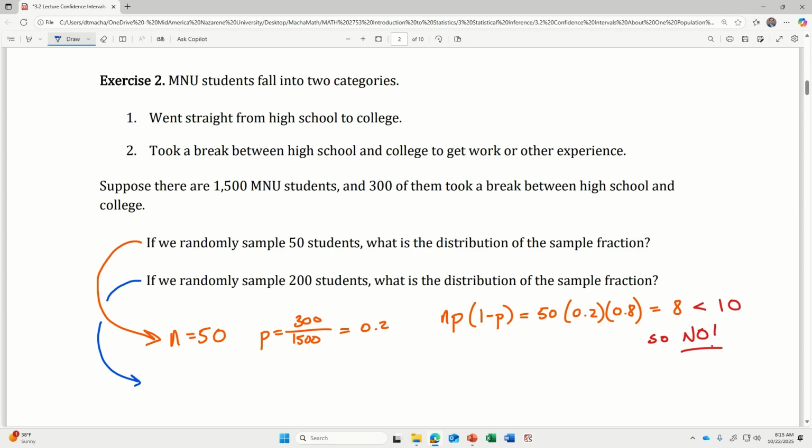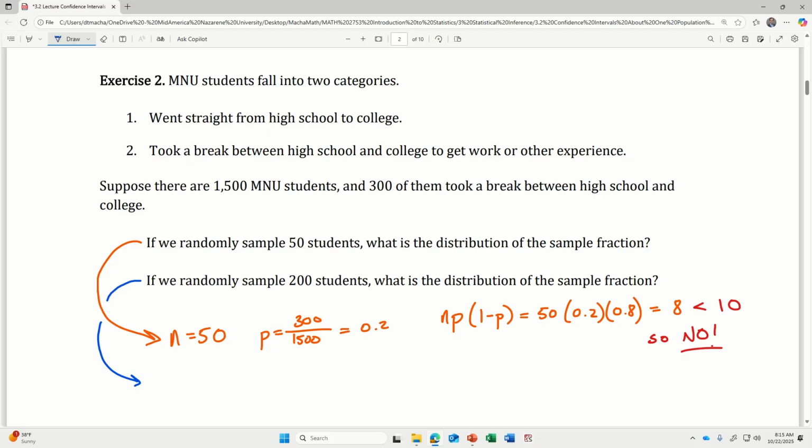So the idea here is that since this is a statistics class and not statistics real life, we're peeking behind the curtain and saying, okay, suppose that we know what the population fraction is, and the population fraction would be 0.2. But in real life, we wouldn't know that.